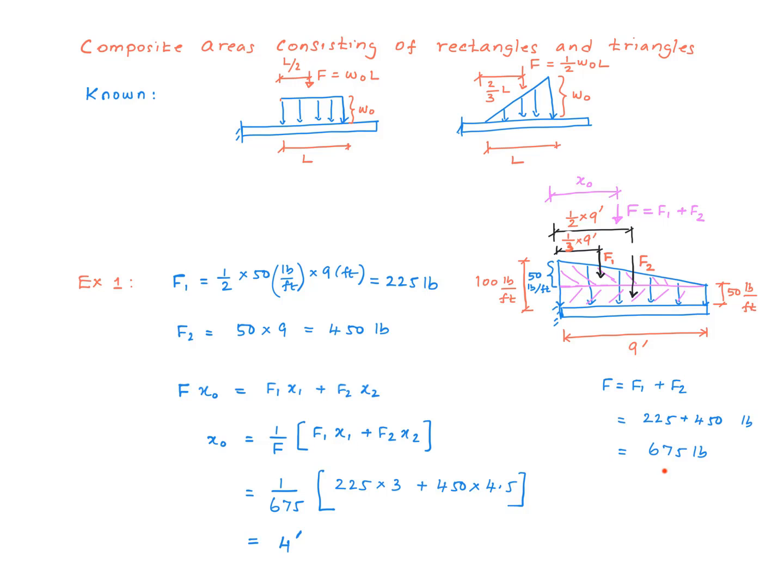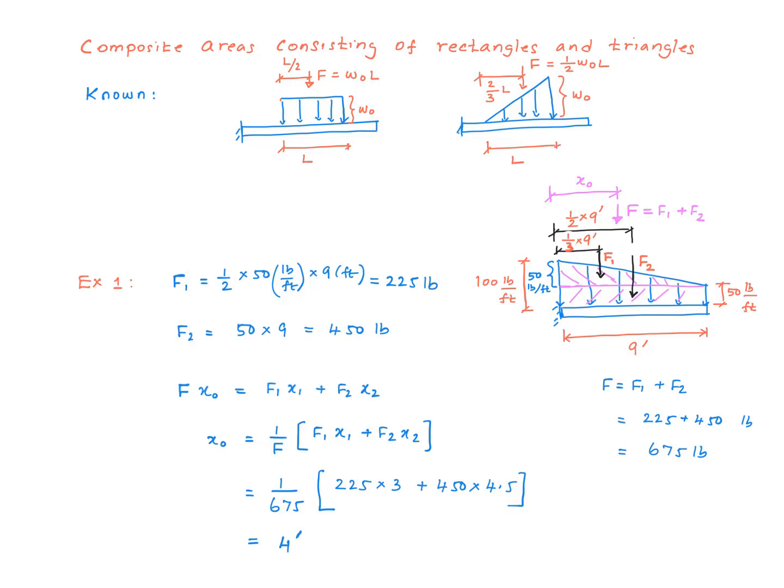And F is 675 pounds. So you basically add the two forces, and we come up with 675 pounds for that. So 1 over 675 multiplied by F1, which is 225, times X1, which is 9/3, which is 3 feet, plus F2, which is 450, multiplied by X2, which is this distance right there, 9/2, which is 4.5, right?